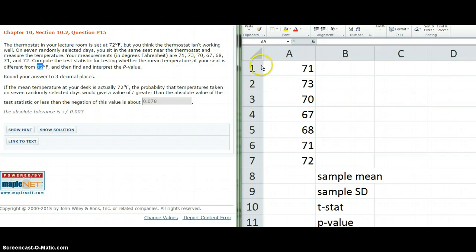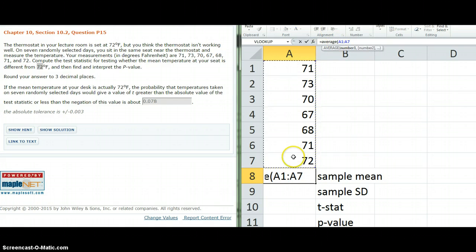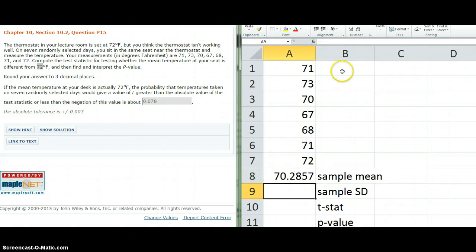So we just type these values into Excel is one way to do this. Calculating the sample mean would just be the average of these. Sample standard deviation.